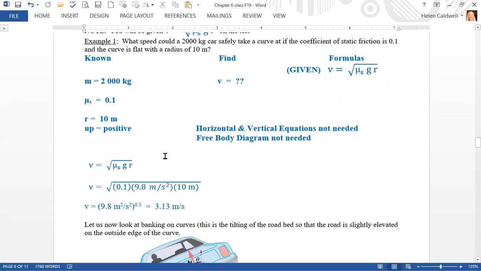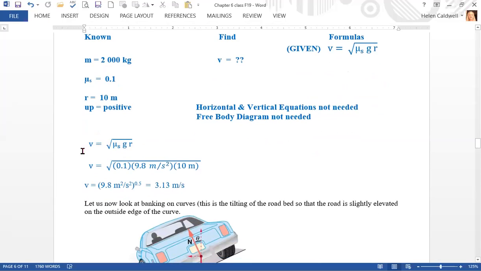So V equals square root of mu s times g times r. Mu is 0.1, g is 9.8 meters per second squared, and r is 10 meters. Do the math. 0.1 times 9.8 times 10 gives us 9.8 meters squared per second squared. I should have picked a different number from 10 or 0.1.